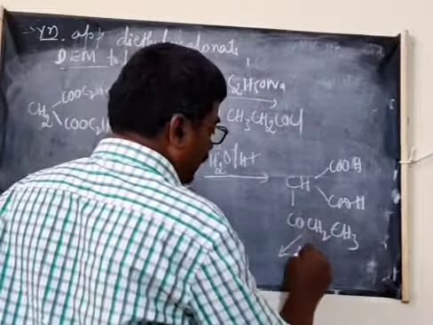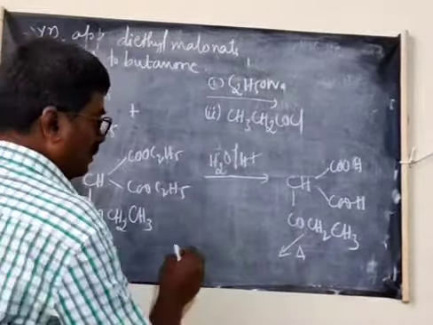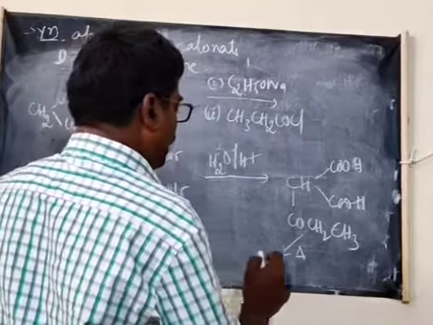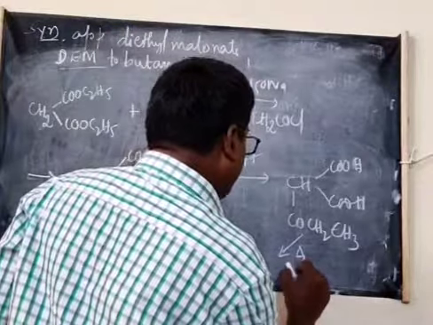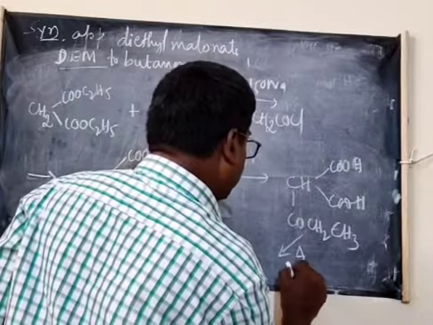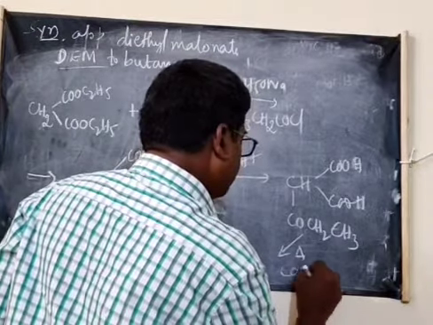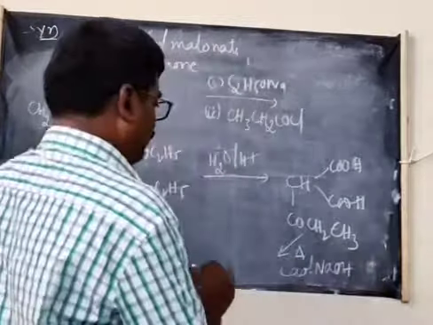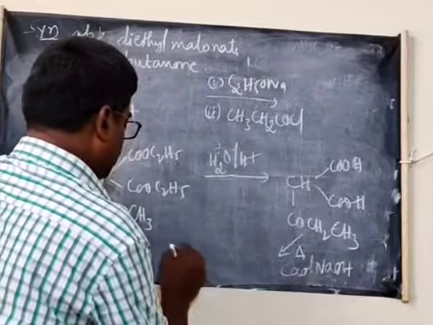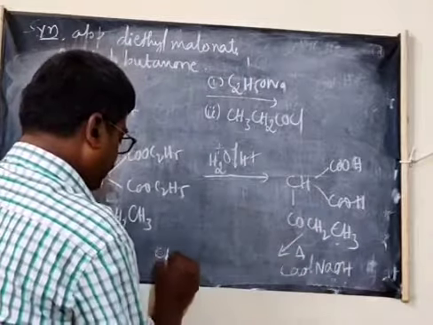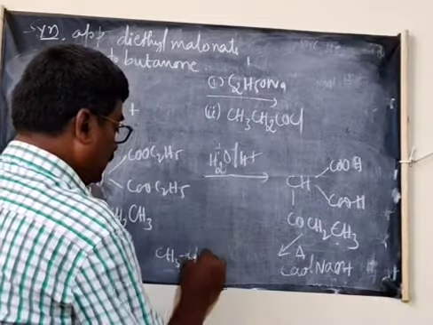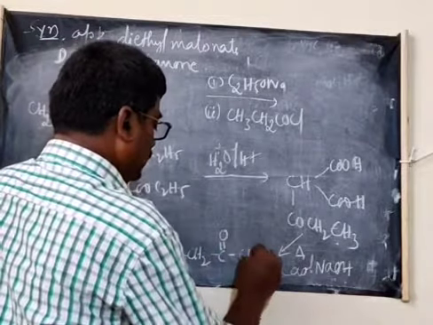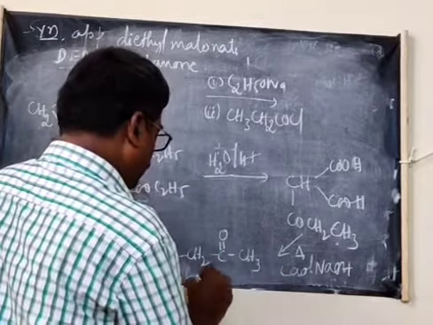This is heated to high temperature, followed by soda lime. It gives CH3CH2C double bond O CH3. So this is butanone.